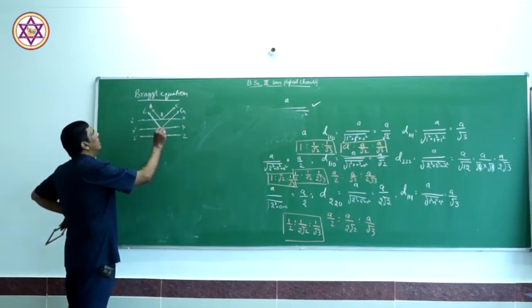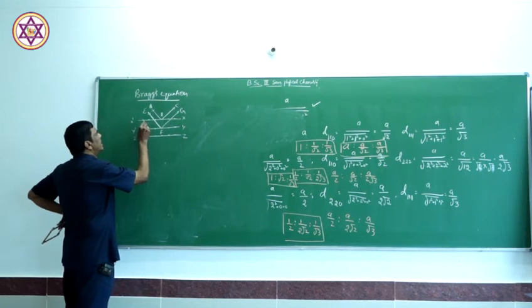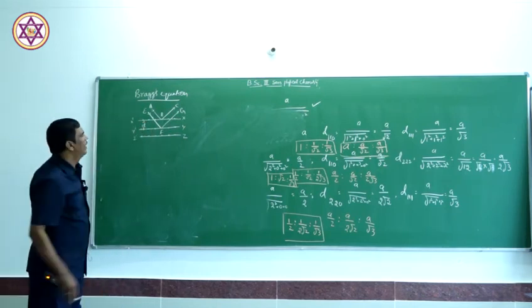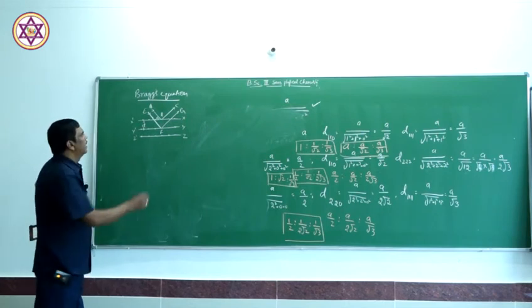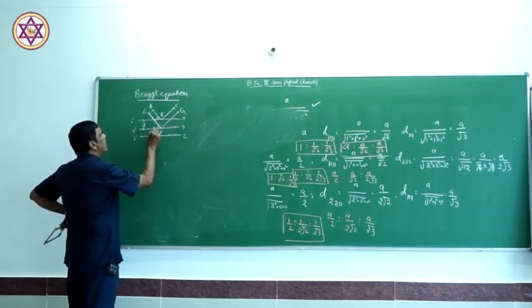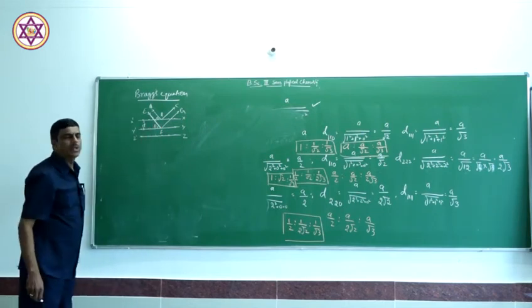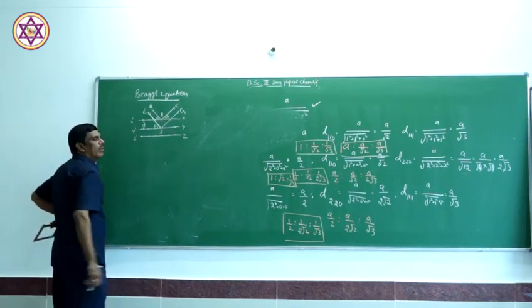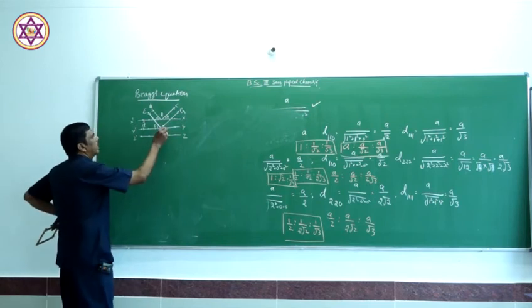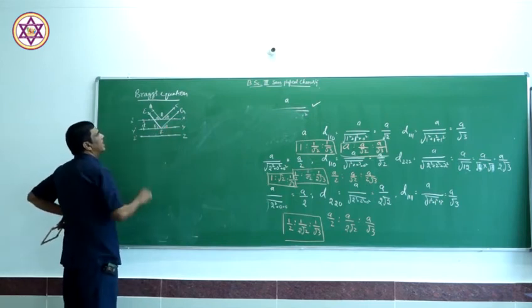Now, this distance is d, the interplanar distance. So, we have to find out d. This angle is the incident angle, called the glancing angle, represented by theta. This angle equals this angle. The angle of incidence is equal to the angle of reflection, that is also theta, and this is theta.